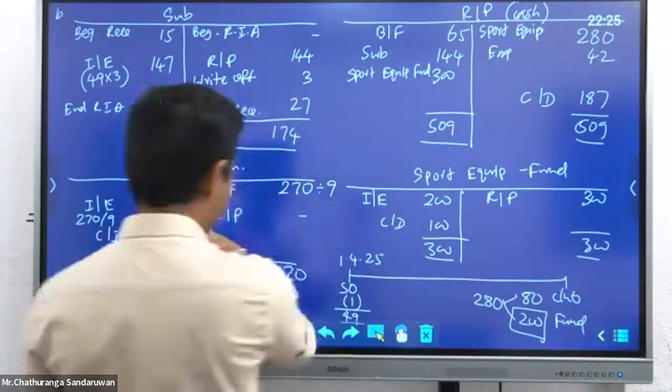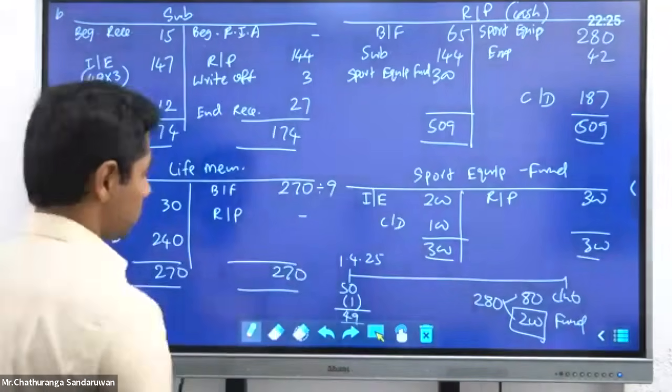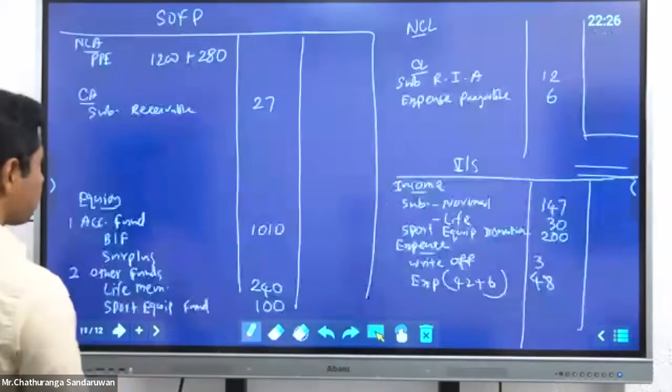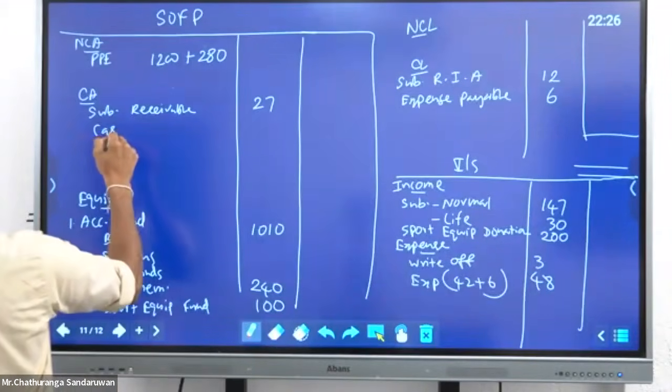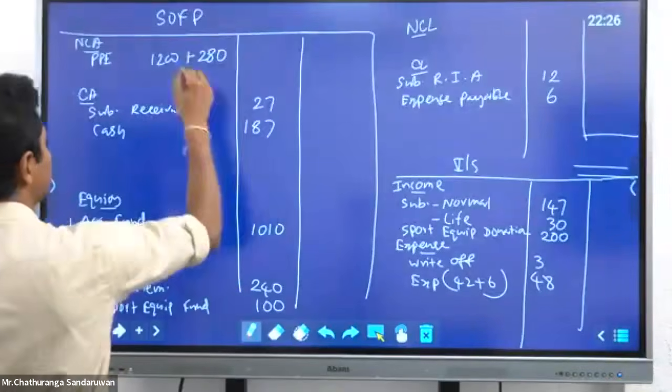Life membership balance has been taken, cash balance 187. Okay, so under current asset, right, cash balance 187.